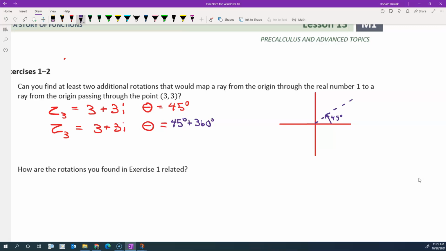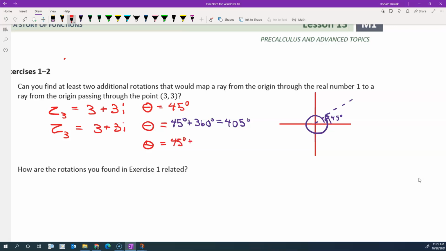So that would have looked like that. That works. That's 405 degrees. Okay, what's another way? 360 plus 45. Yeah, that would have been counterclockwise, or that would have been clockwise. How about another one that's going counterclockwise?